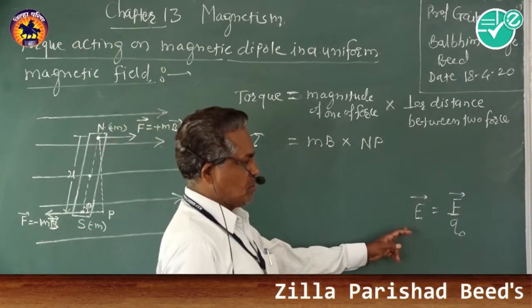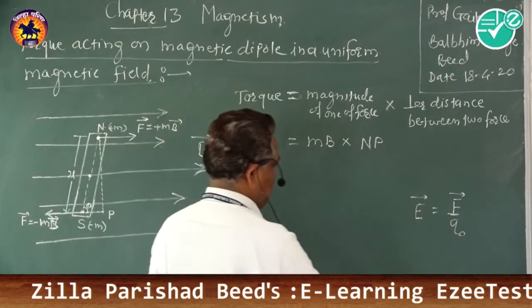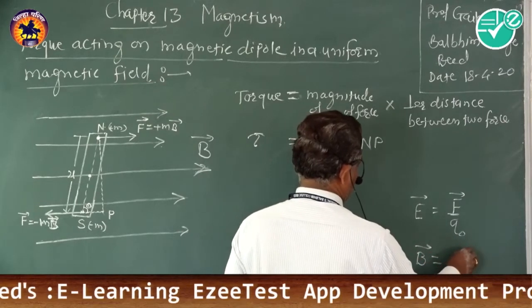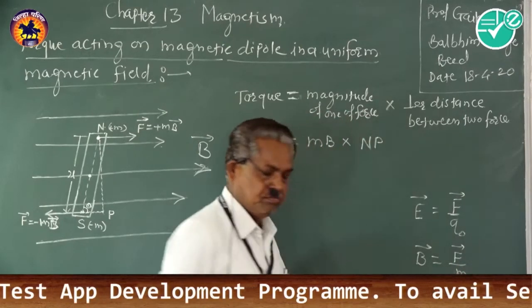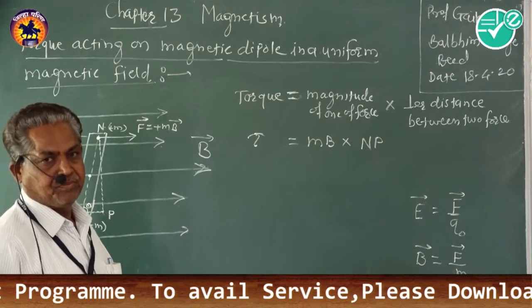Similarly, magnetic induction is given by B is equal to F by m, force per unit pole strength.